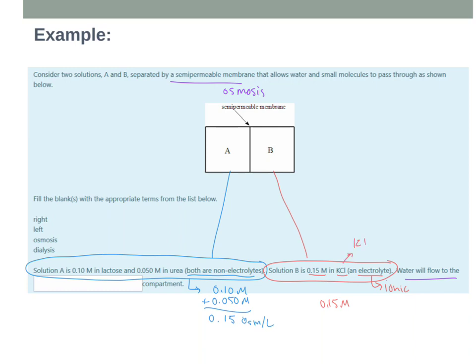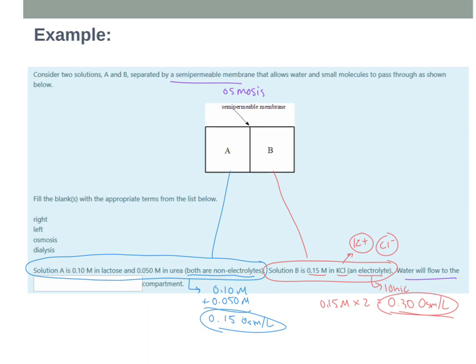Potassium chloride is made up of two ions, potassium and chloride, so I have to multiply by 2 to get 0.30 osmolar. So these are the two that I'm comparing: 0.15 or 0.30. Clearly the 0.30 is higher in concentration, so that's where the water goes.